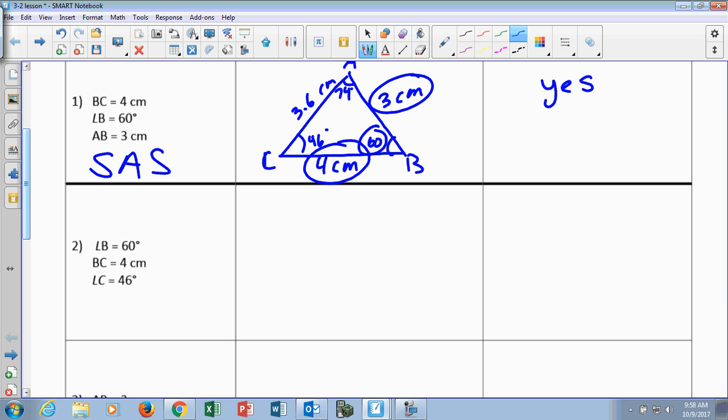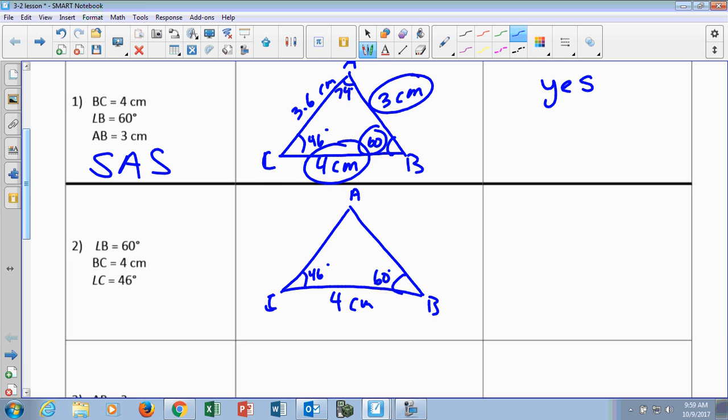Now if you drew the second one, I'm going to try to go the same way here. A, B, C. They said angle B is 60 degrees, same as before. Angle C is 46 degrees, and BC is 4 centimeters. That looks a lot like the top one. Does it match the book? Is angle C 46 degrees in the book? Is angle B 60 degrees in the book picture?